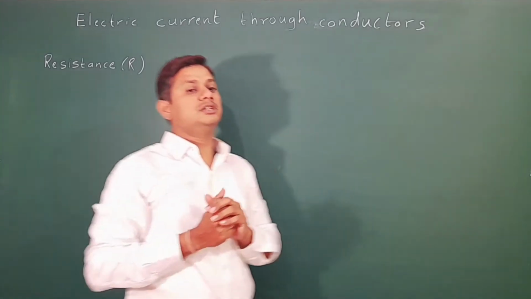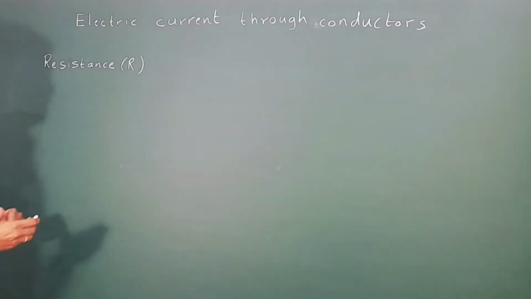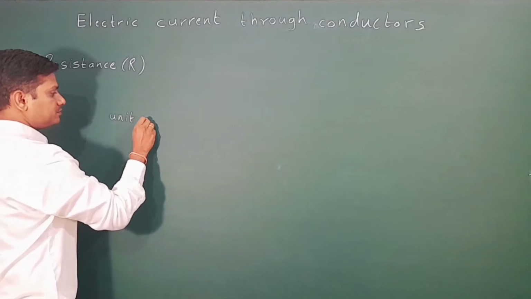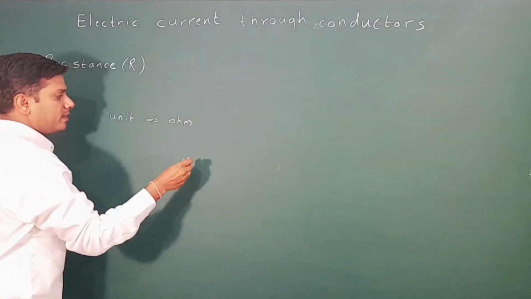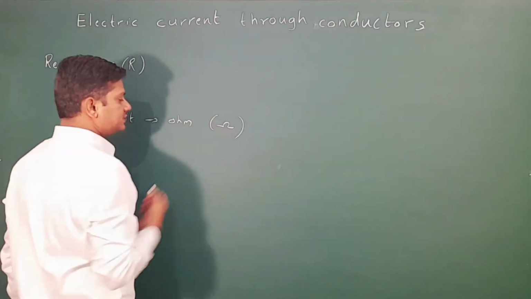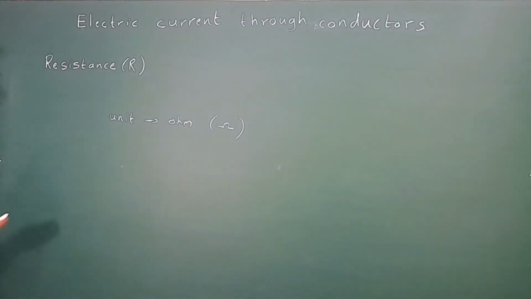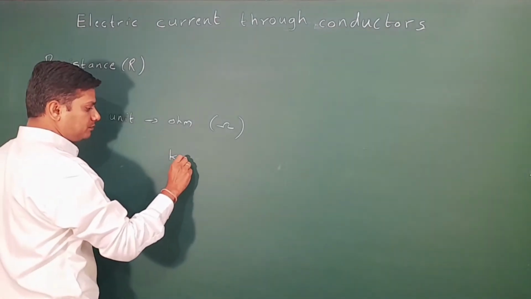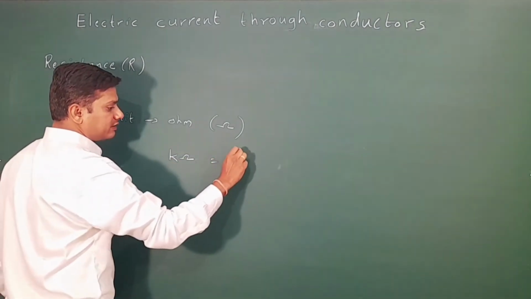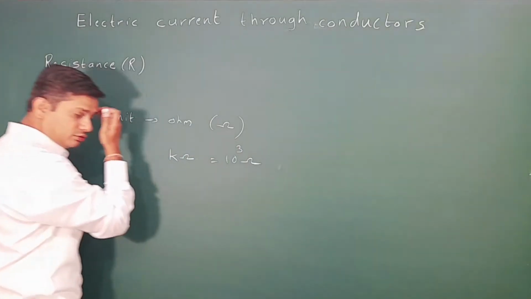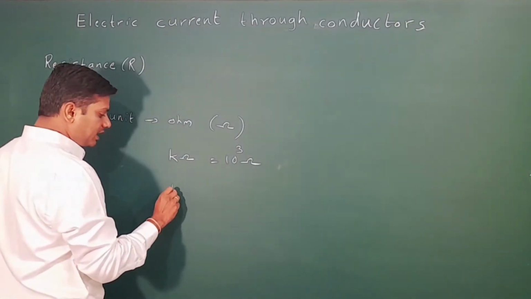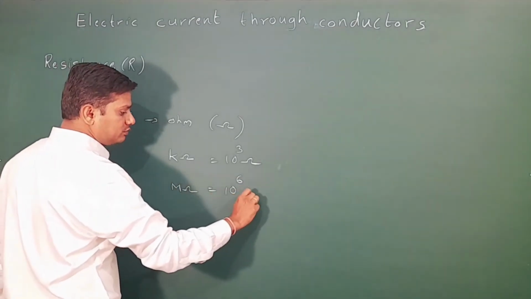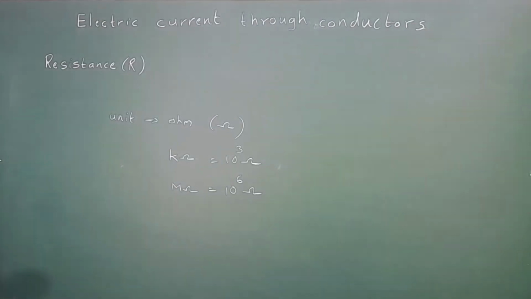This restriction is called resistance, and the unit of resistance is ohm, which is denoted by this symbol. The bigger unit of resistance is kilo ohm, which is equal to 10 raised to 3 ohm or 1000 ohm. Sometimes mega ohm is also used. So 1 mega ohm is equal to 10 raised to 6 ohm.